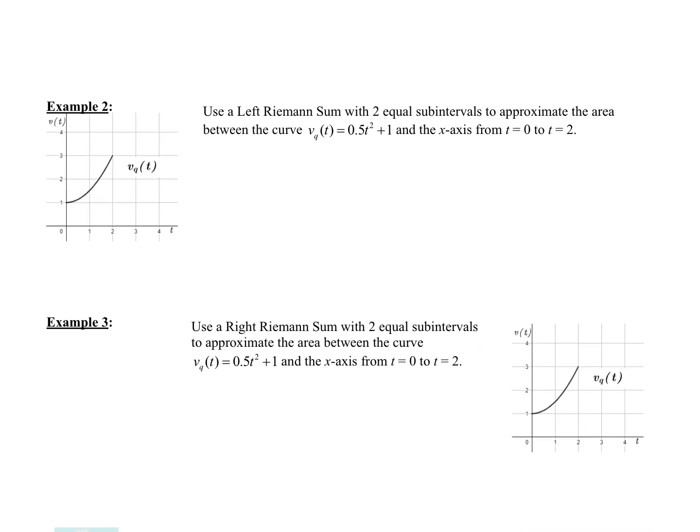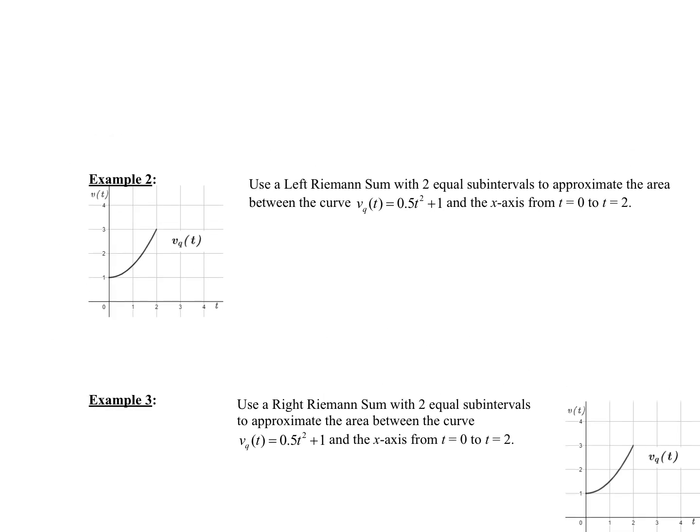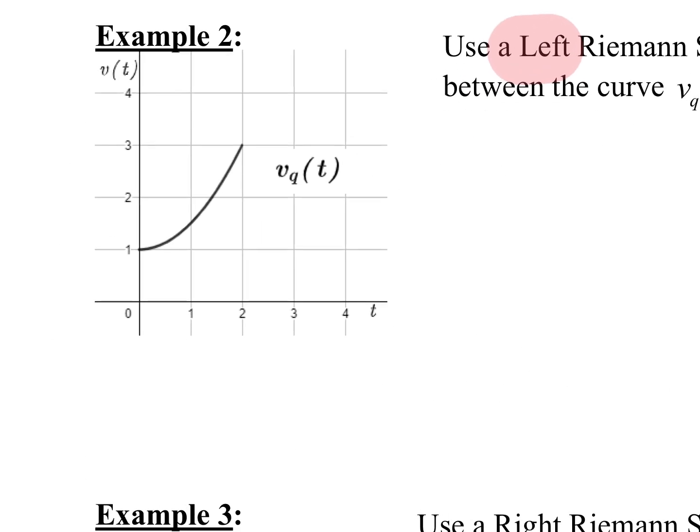Same picture, but this time we're going to use 2 equal subintervals to approximate the area under the same curve from 0 to 2, okay? So left Riemann sum is still the same, but 2 equal subintervals. So I'm going to zoom in on this picture here, and I'm going to start by drawing my first rectangle. I start on the left side, so this is the top left point of my rectangle for that first rectangle.